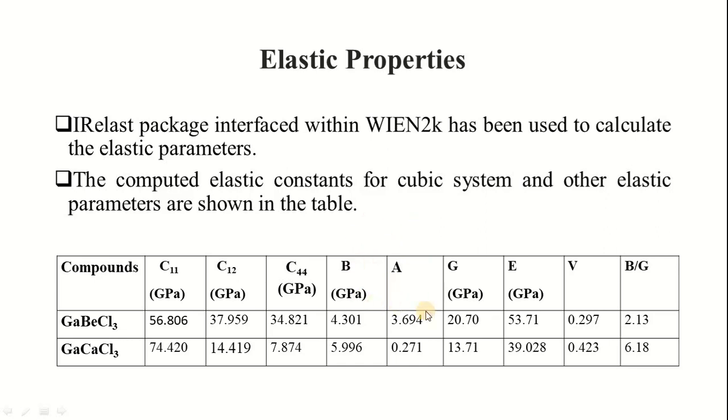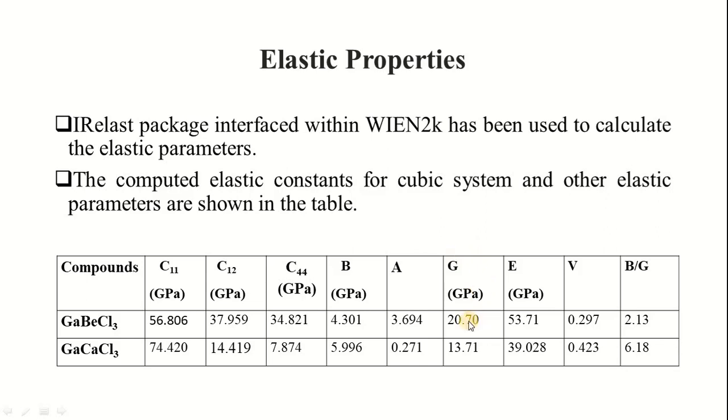So a compound having an isotropy of 1 will be considered isotropic. For anisotropic, a material must have a value greater than 1 or lesser than 1 but not equal to 1. Both of our compounds show a non-unitary value, which is 3.69 and 0.26, so both are anisotropic in nature.